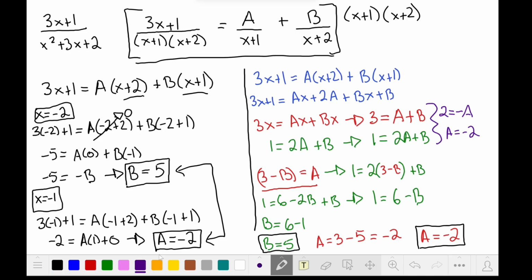So in the purple case, for example, we have 3 is equal to a plus b. Well, I already know that a is minus 2, so we're going to have 3 is equal to minus 2 plus b. So when we move the 2 over, we get 5 is equal to b. So even in the purple case, we still end up getting the exact same values for a and b.